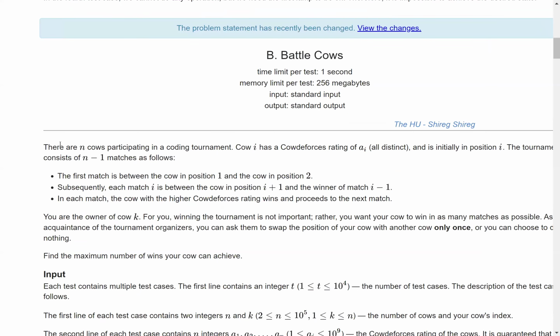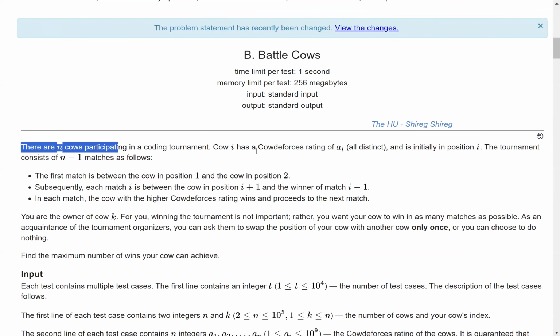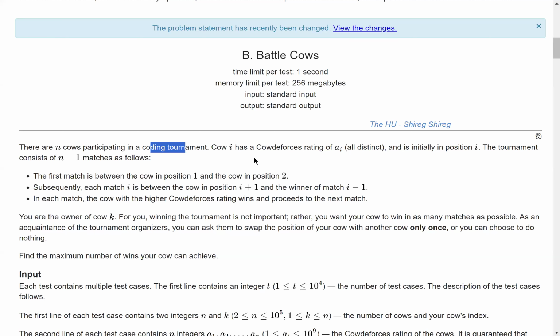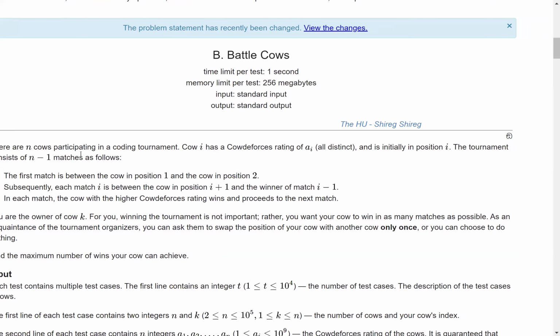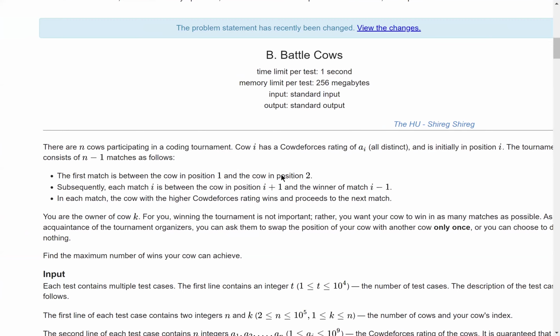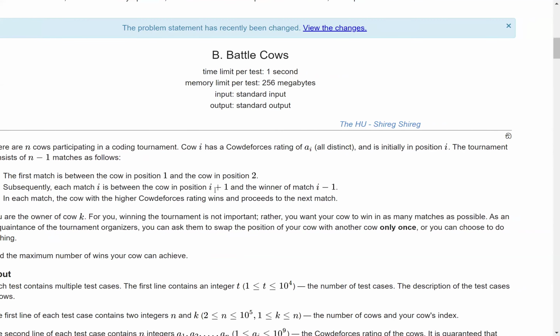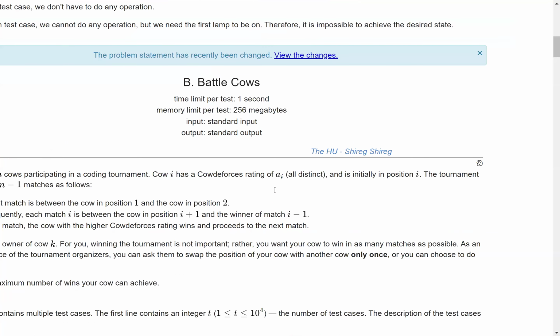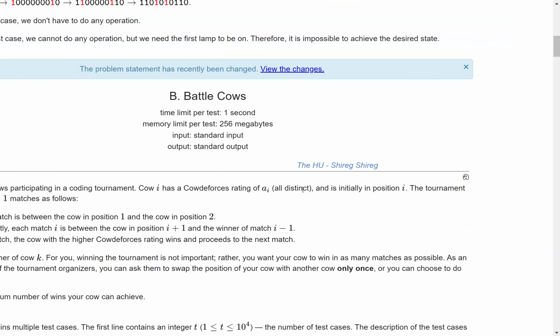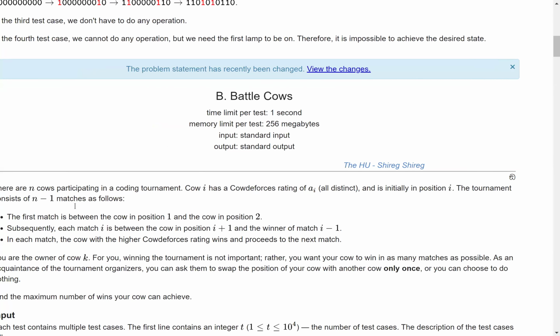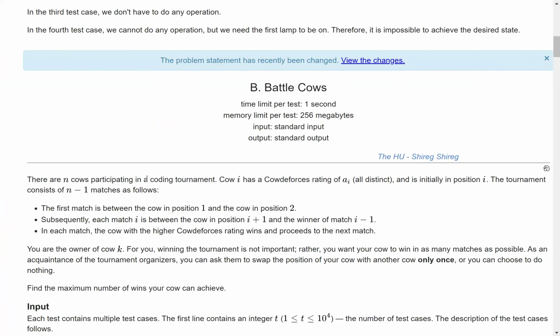It says that there are n cows participating in a coding tournament. Cow i has a Codeforces rating of a_i, and all of the ratings are distinct. Initially, the ith cow is at position i. The tournament consists of n minus one matches.